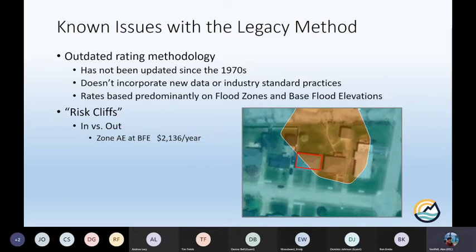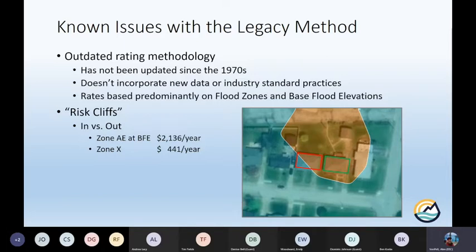So they're in zone AE, they're paying about a little over $2,100 a year in flood insurance premiums. His neighbor, who might only be setting 1 inch higher, is just outside the 1% chance floodplain. He's in zone X. He's paying about $440 a year in flood insurance premiums. That's a huge drop just based on inside the line or outside the line.